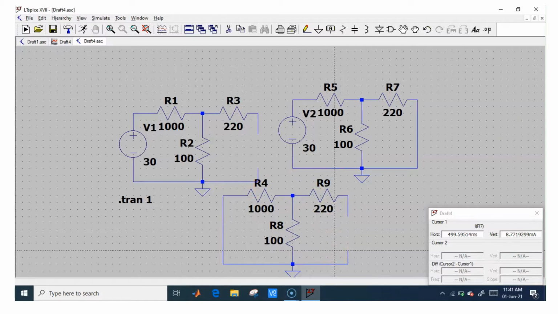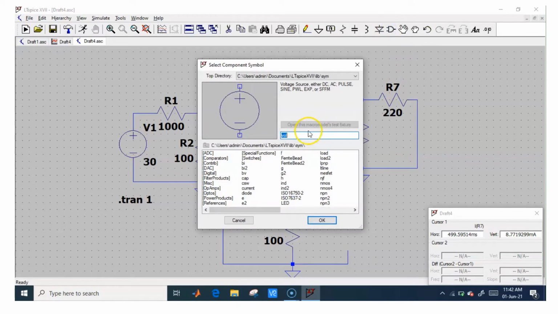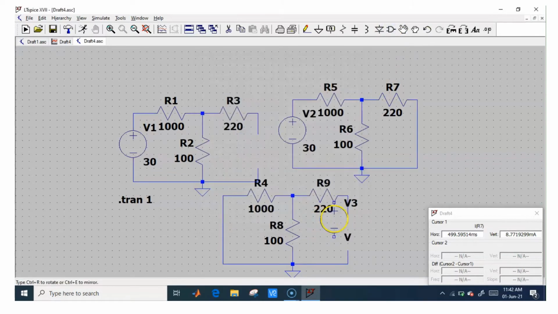In hardware we can easily find that by keeping the multimeter and finding the value of the equivalent resistor. But in software how can we find the R value? As we know, according to Ohm's law, voltage divided by current is equal to R. So let us simply give one voltage source value.